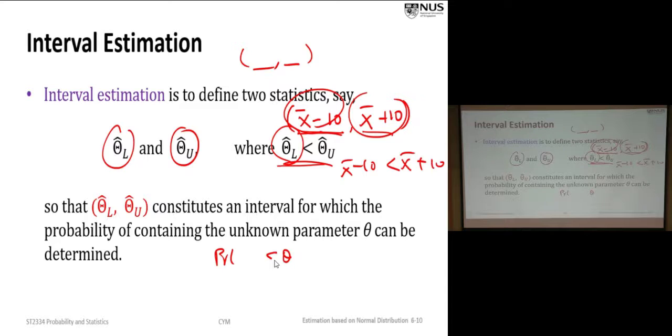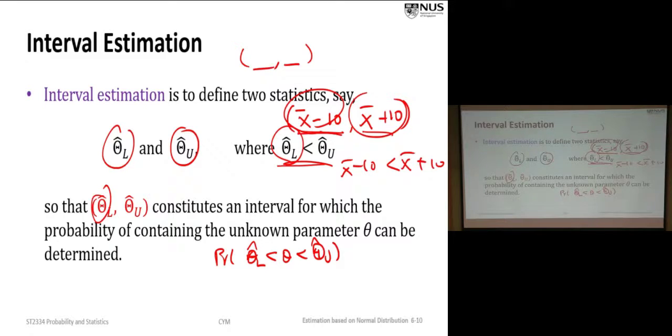And we can determine the probability of theta being between these random variables. I use the capital letter of theta with a hat, which means that this is an estimator.